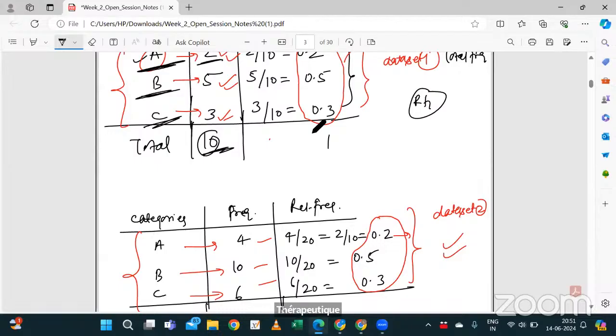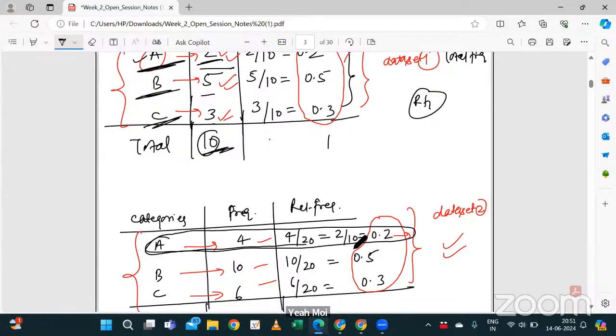Sir, if the relative frequency is the same, can we conclude that both the data are the same? No, actually it's not; you can't say something like that. You can say the distribution of A is the same in this data set and in that data set.